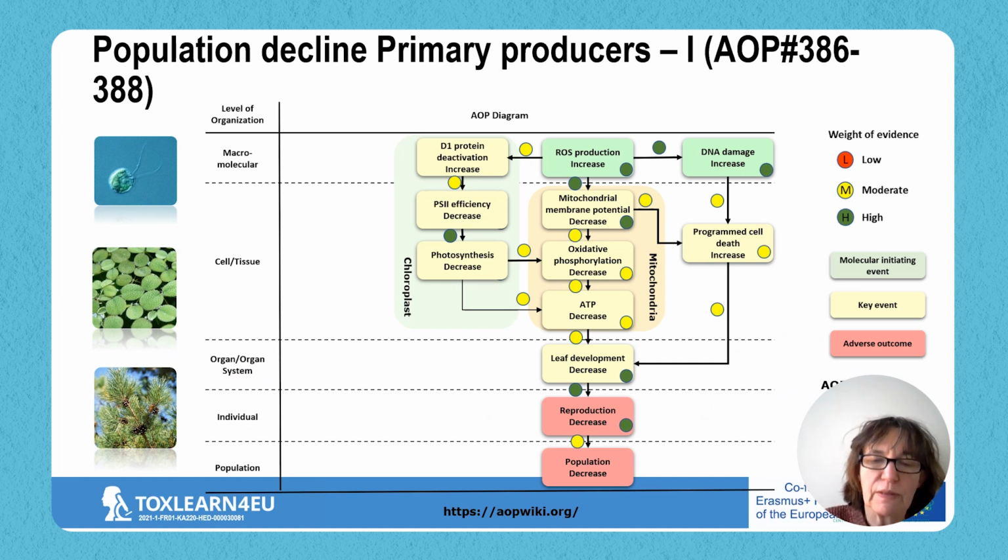What you see here is a population decline for primary producers in a conceptual AOP, where the weight of evidence is indicated as smaller circles, color coded: red for low weight of evidence, and green for high weight of evidence, for the different key events and key event relationships.